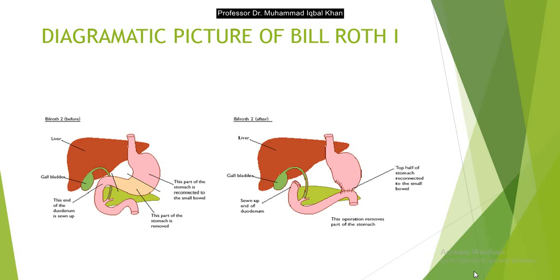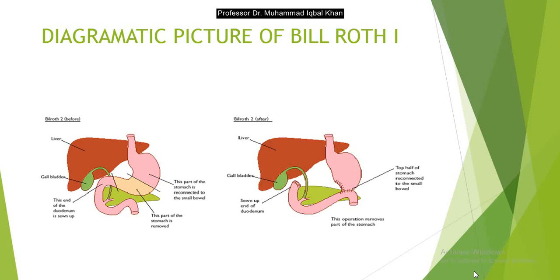stomach. You can see here the discolored area. The pink area is the normal area, and the diseased area is the light brownish area, and that is being cut, and you are now left with the duodenum, the first part, and the stomach.